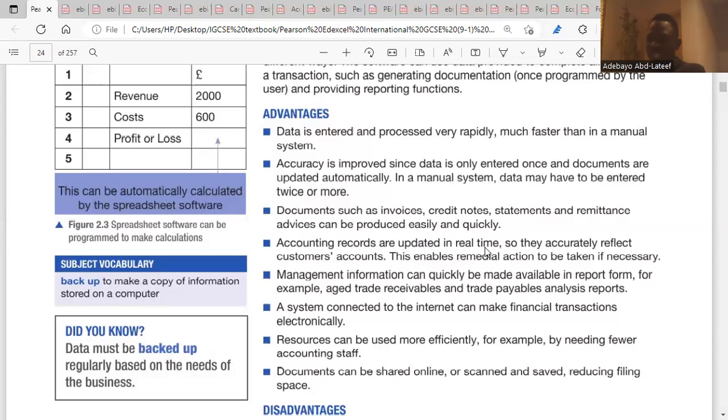Okay. The fourth one, accounting records are updated in real time, so they accurately reflect customers' accounts. This enables remedial action to be taken if necessary. Because it's accounting software that you record in every now and then, you automatically update your customers' or suppliers' information. So if there's any mistake, you can immediately edit it and save. Do you understand? Unlike when you record manually, and you have to cancel and stuff like that.